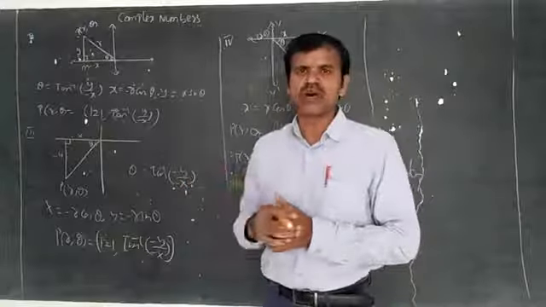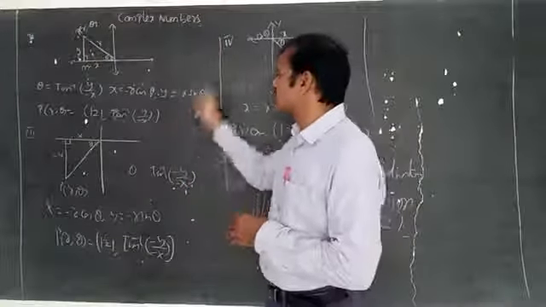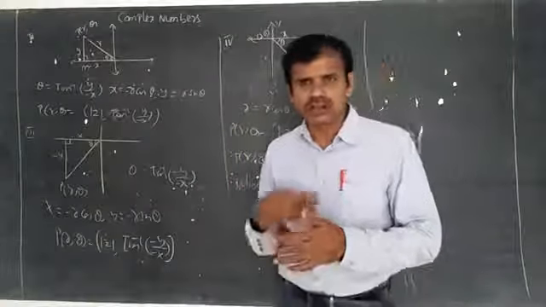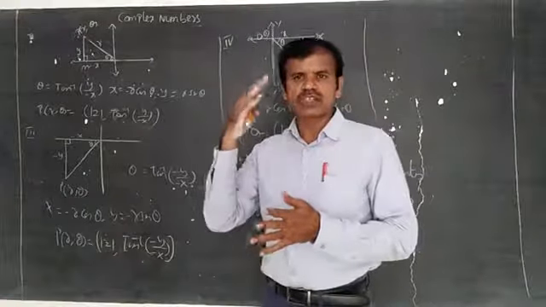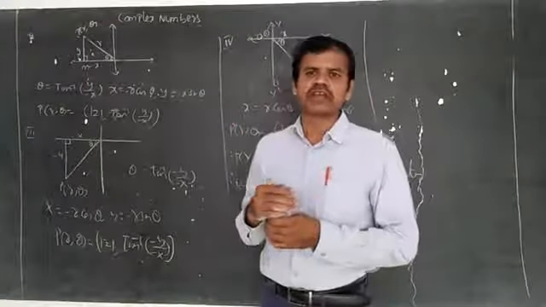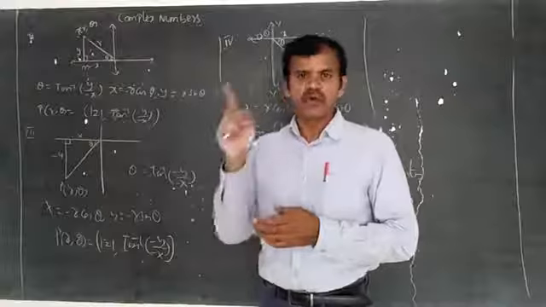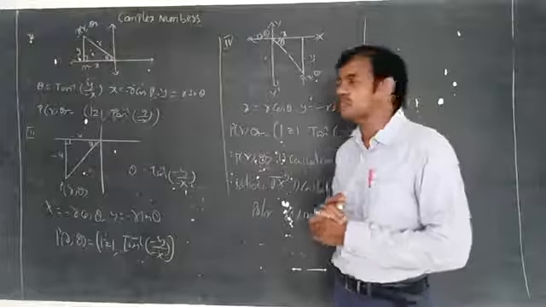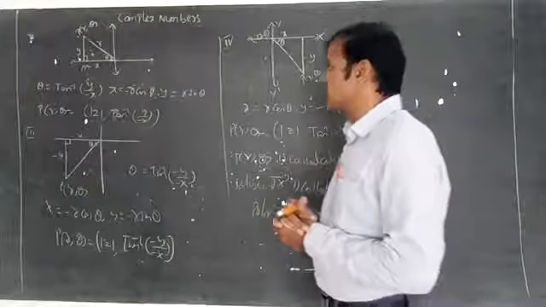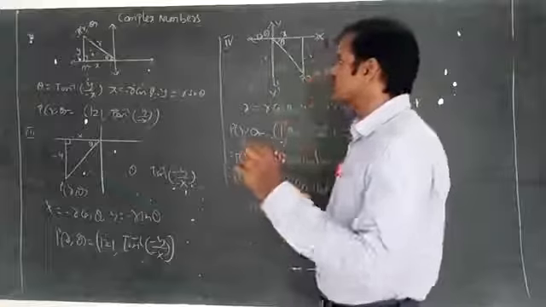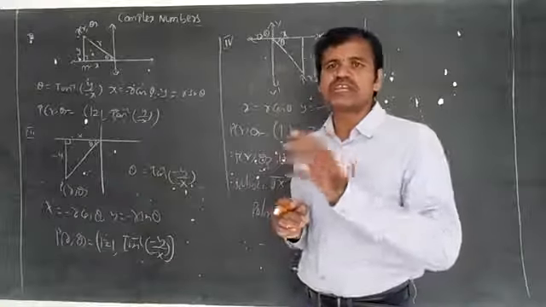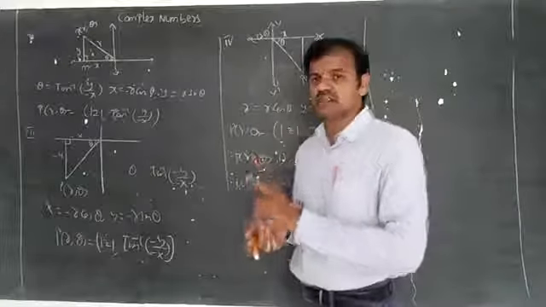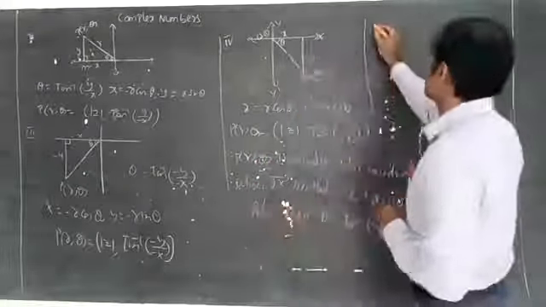But in the case of r comma theta, theta can rotate from 0 to 2 pi, the second rotation until 4 pi, the third until 6 pi, up to n rotations, n belongs to Z, in positive and negative direction also. So the difference is that a single point represents plenty of coordinates in the polar coordinate system, but in the Cartesian coordinate system a single point represents only a single point. That note you should write.